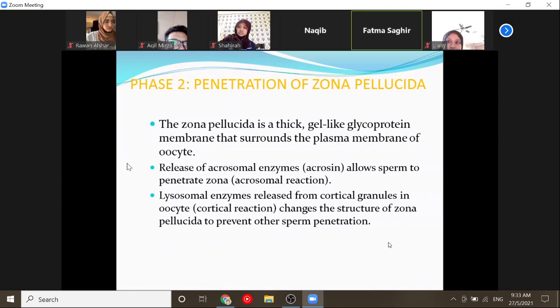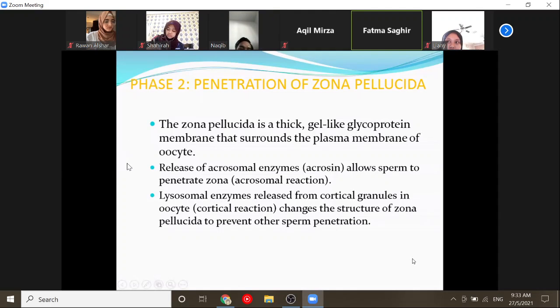So, how many sperm could penetrate the corona radiata? One sperm. More than one, can or cannot? The first layer, 100.